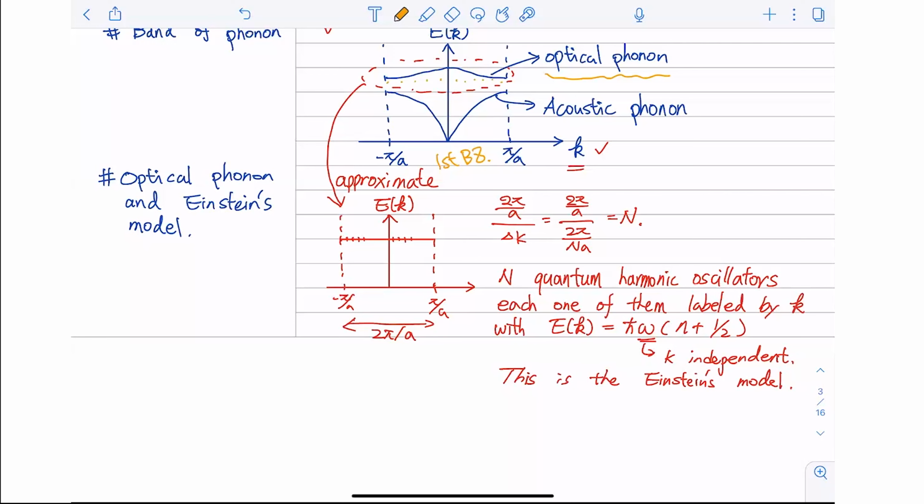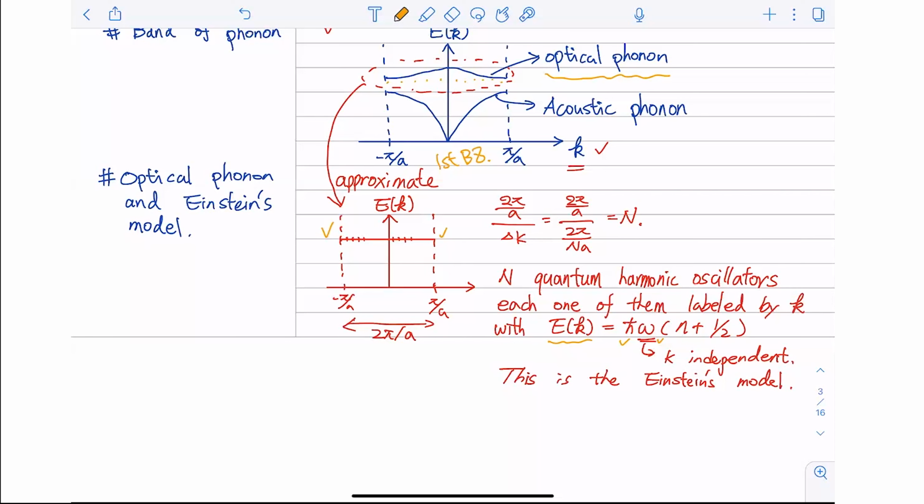So if we make a very crude approximation, assuming that the curvature of this band is not really important, and we just flatten it as if it is like what I draw here, then the dispersion is independent of k. This means that when we write down the energy as a function of k, it is simply a bunch of harmonic oscillators at different wave vectors k, and each one has an identical frequency omega, which is independent of k.